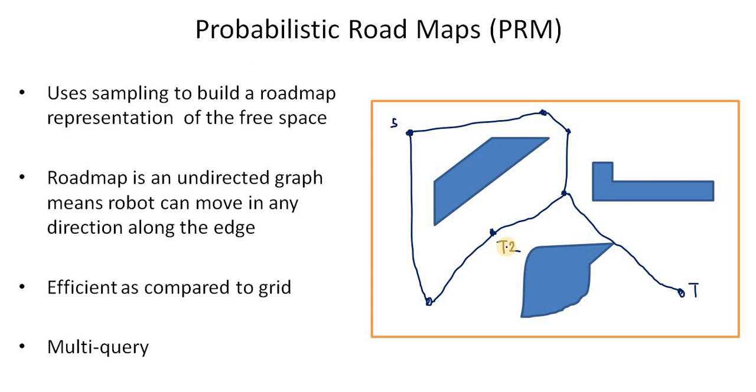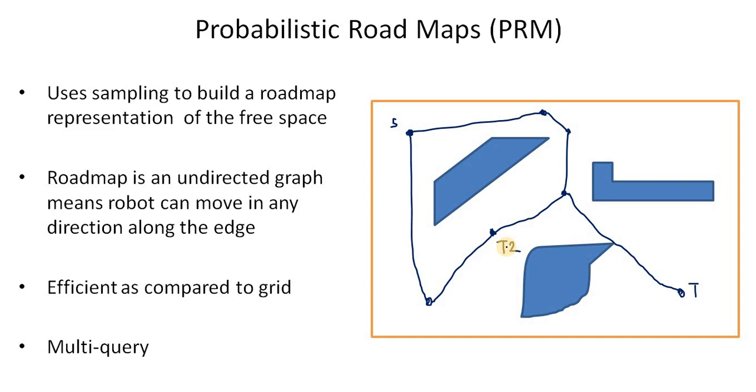But RRT algorithms are not multi-query. We have already discussed that every time you have a new target, you have to do the sampling again, all those stuff about the evaluation function, and you have to make a new graph, a new tree, and then you reach your new target. I hope you have realized so far that each of these path search algorithms has its advantages and disadvantages.